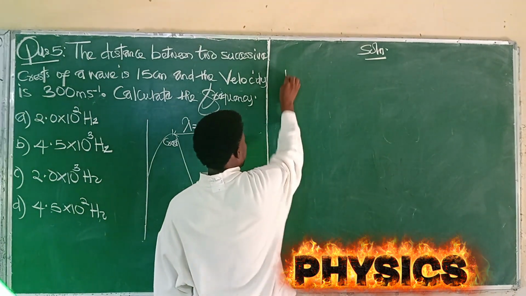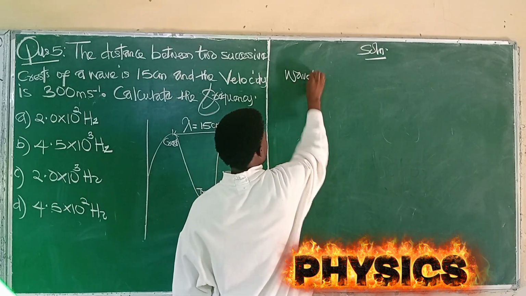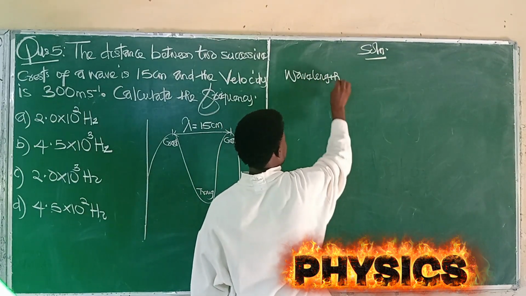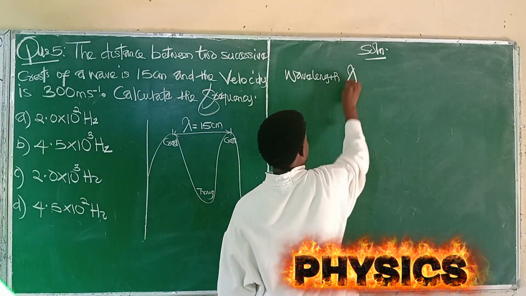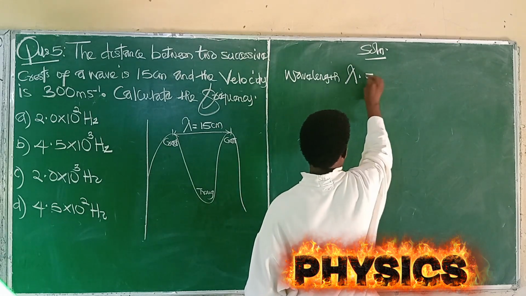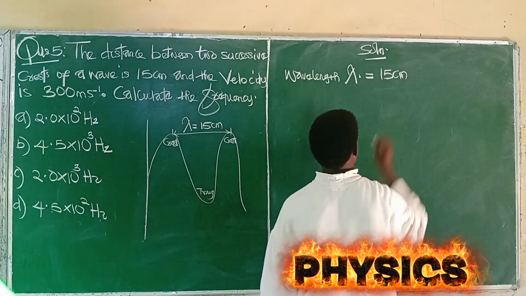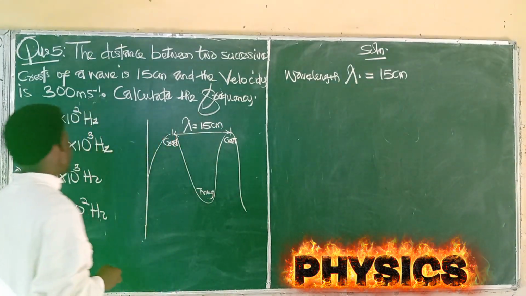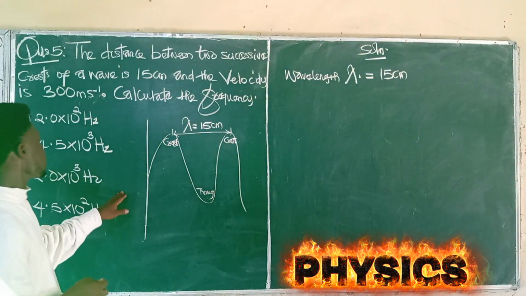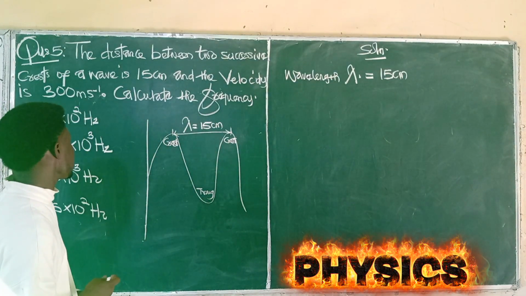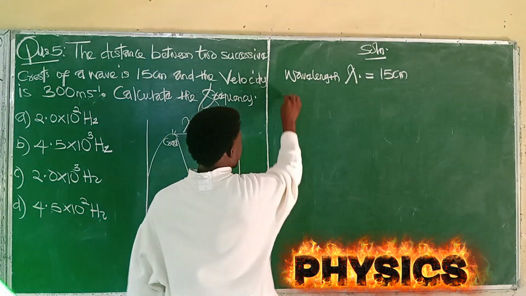We have wavelength, denoted as lambda, which equals 15 centimeters. And the next parameter on the board is the velocity of the wave. The velocity is 300 meters per second.